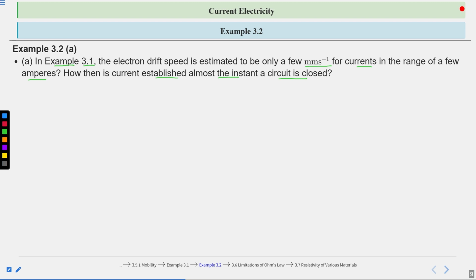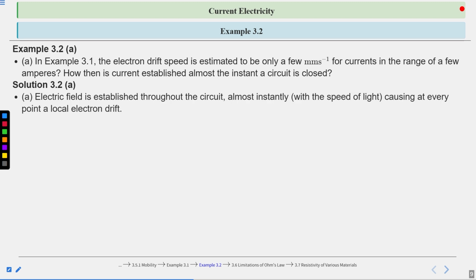Okay, you have to think about it that electrons are present everywhere in the conductor, and the speed of the electric field is the speed of light. So when we close the circuit, an electric potential difference is created and an electric field is produced. Due to the speed of light, it will influence the electrons at that instant only, without taking any time, instantaneously.